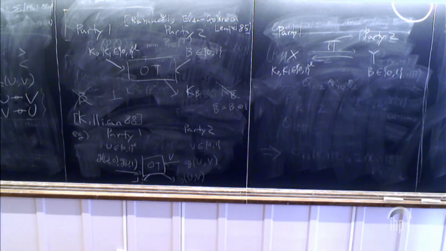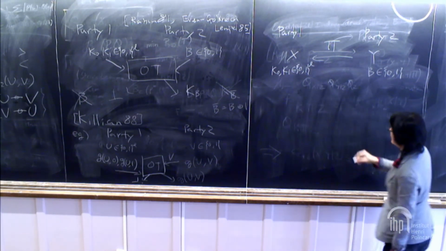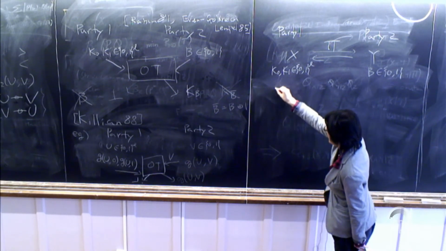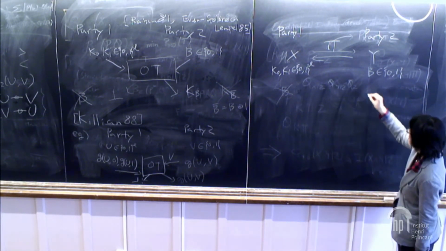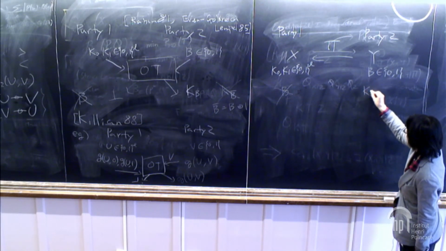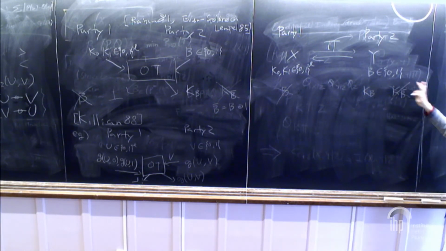At the end of the protocol, party 1 gets nothing, and this B should be kept secret from the first party, and party 2 would like to get K_B, and this K_B complement should be kept secret from the second party.